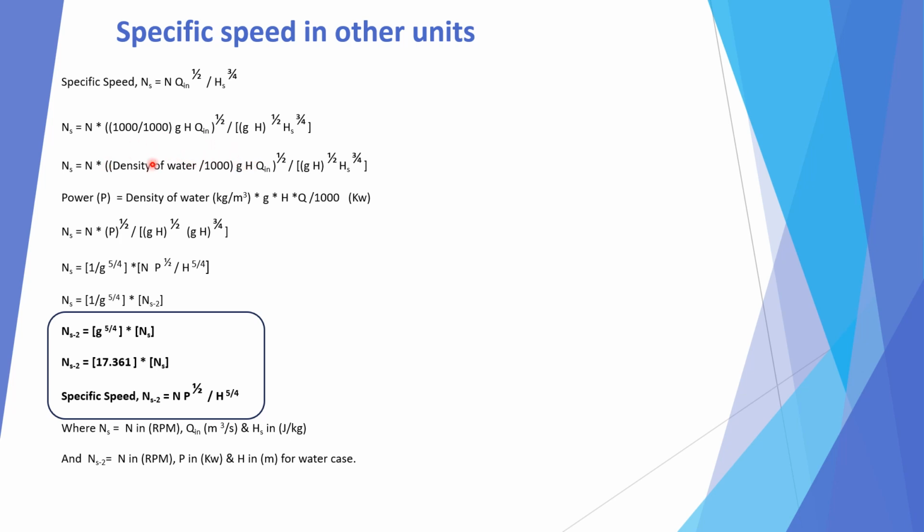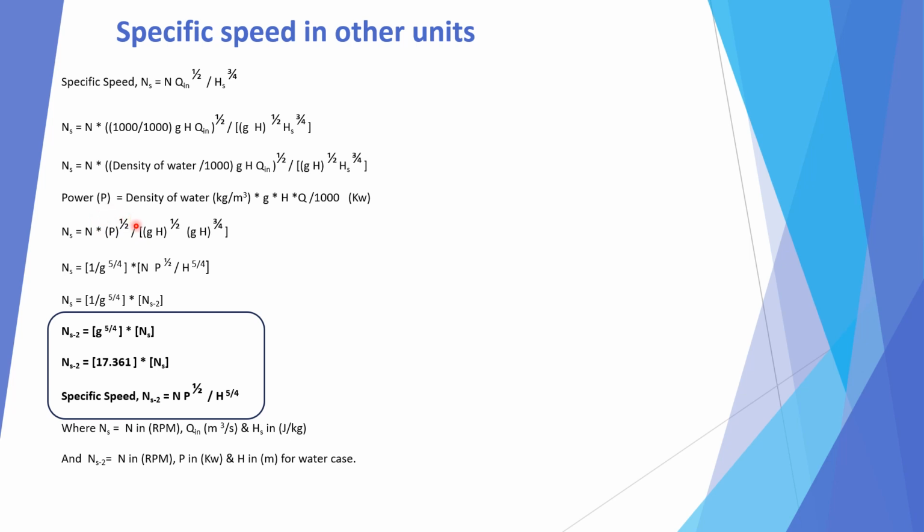Since 1000 cancels out, gH is extra, so we have to write below gs to the power half into Hs, which is already there, to the power 3 by 4. That is, Ns is equal to N into density of water, 1000, into g into H into Q, all to the power half, upon Hs to the power half into Hs to the power 3 by 4.